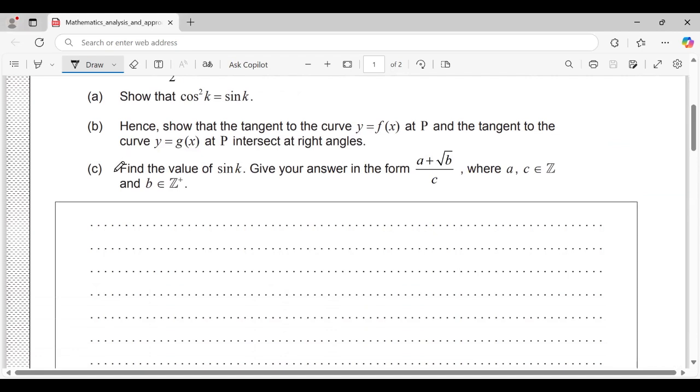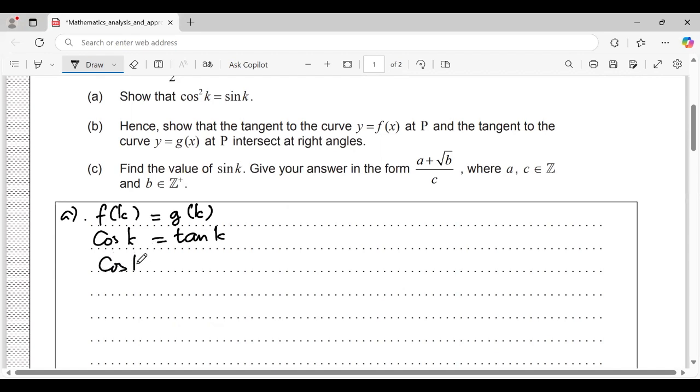To find the intersect point P with x equal k, we need to set f(k) equal to g(k). So cosine k equals tangent k, because f(x) is cosine x and g(x) is tangent x.